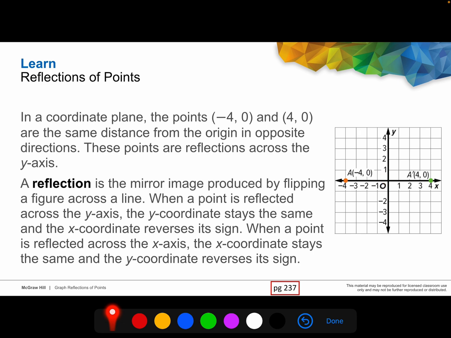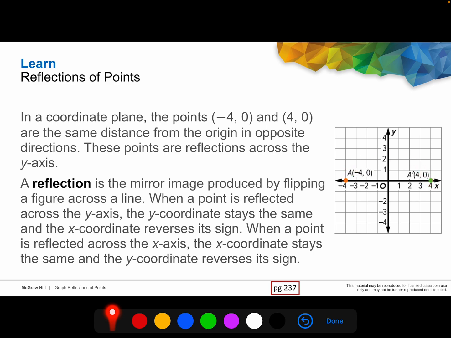What's going to change is the x-coordinate, and that is going to reverse the sign. So if your original point was positive, the mirror image, which is the opposite, is going to be negative. However, if you started off with your point being negative, the reflection of that is going to be positive.